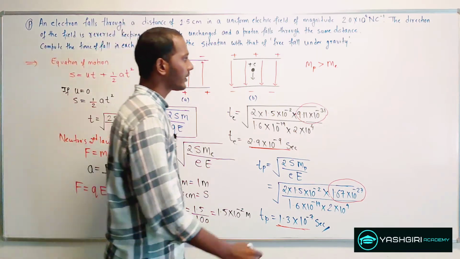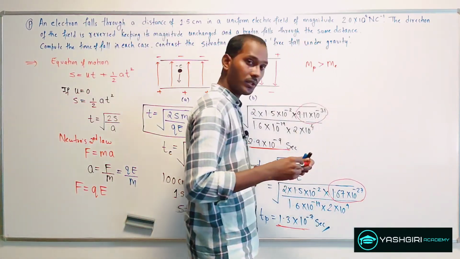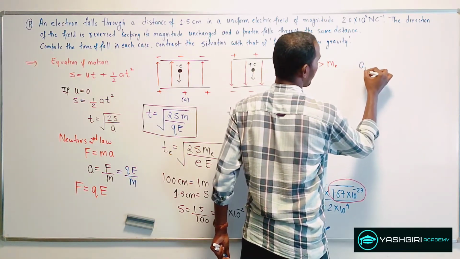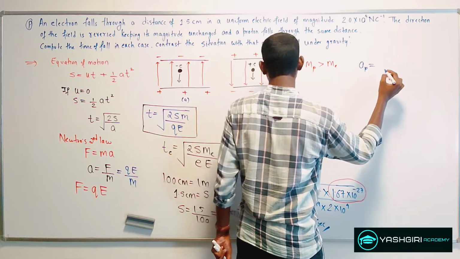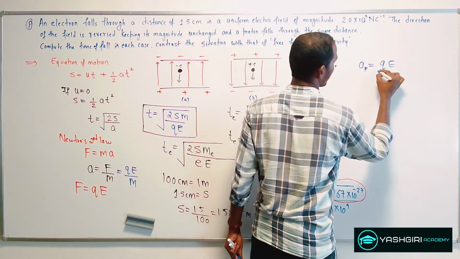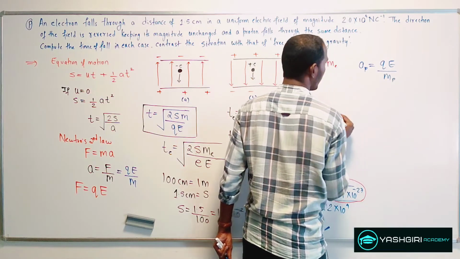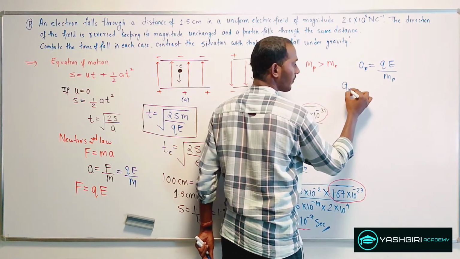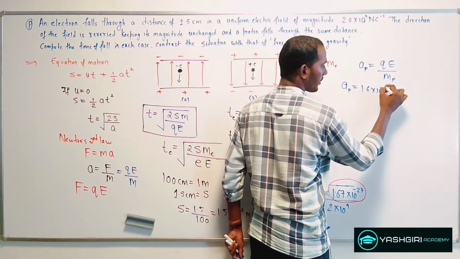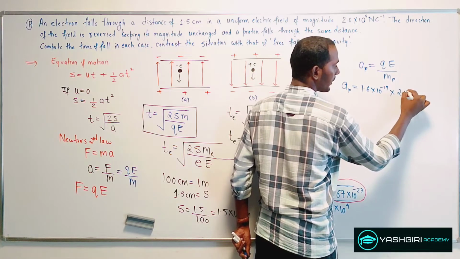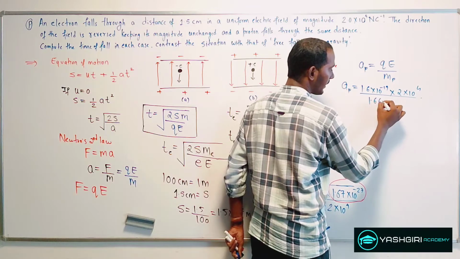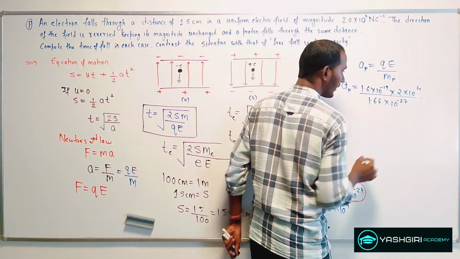Let's try to calculate the acceleration of a proton. The acceleration of a proton is nothing but the charge q times E divided by the mass. The charge is 1.6 into 10 to the power minus 19, into 2 into 10 to the power 4, divided by the mass of the proton, 1.66 into 10 to the power minus 27 kg.